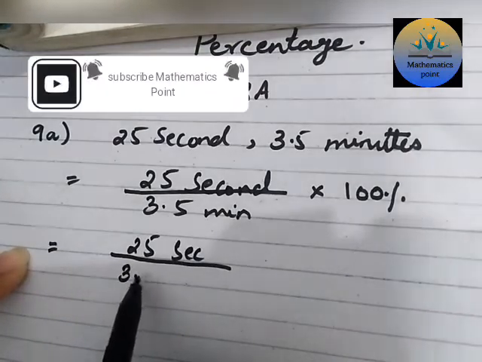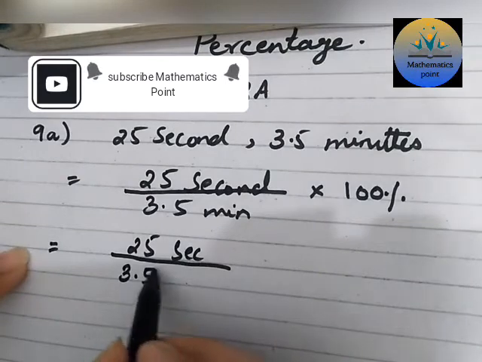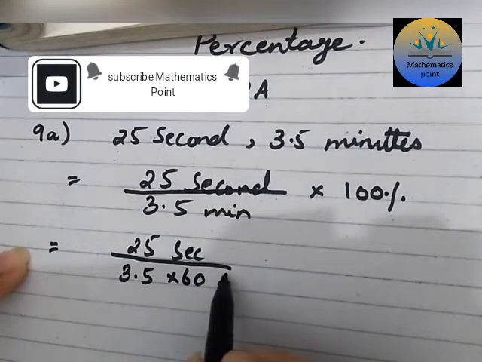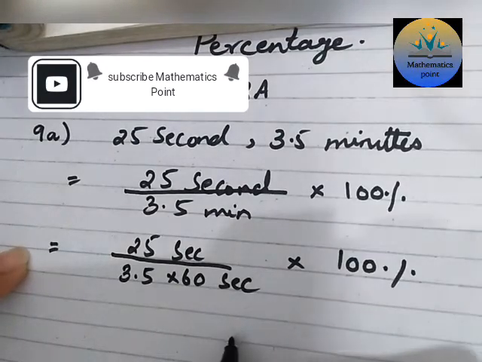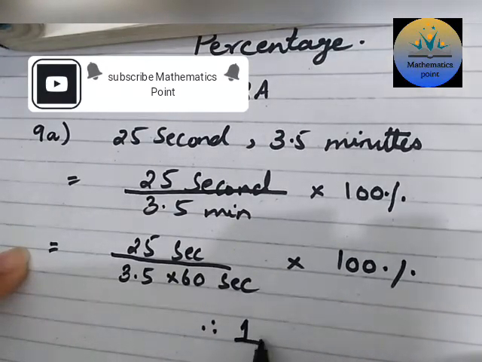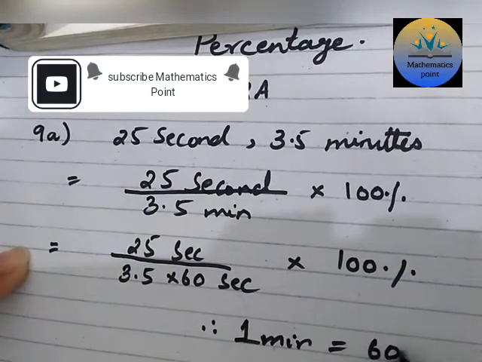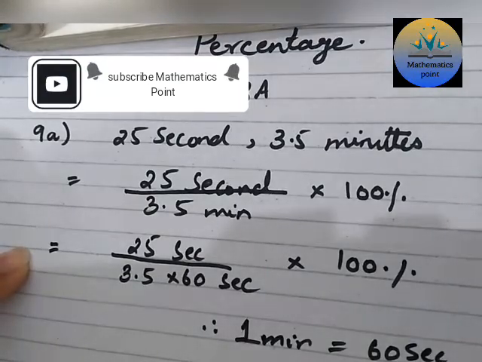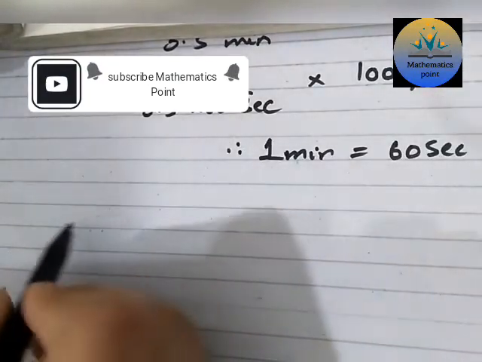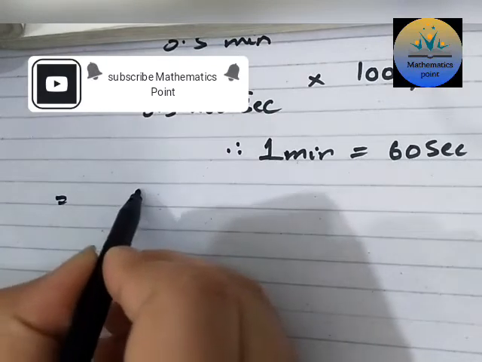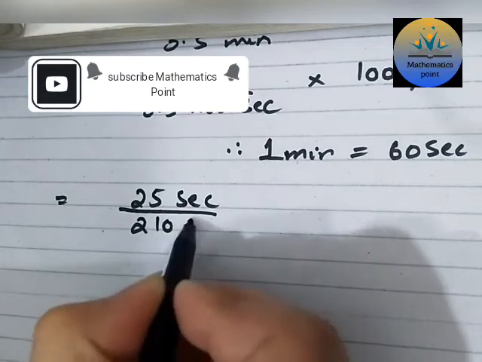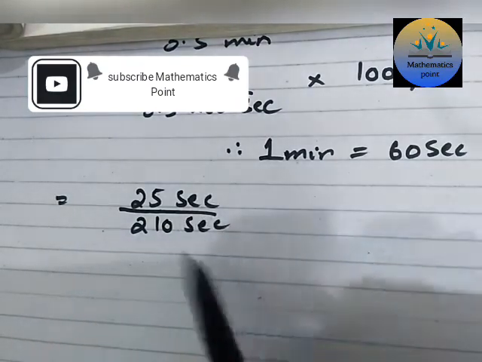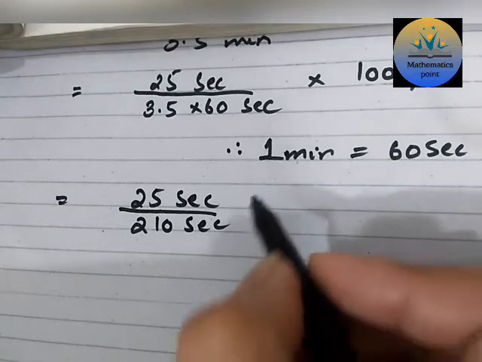In every minute there are 60 seconds, so 1 minute is equal to 60 seconds. Now we multiply 3.5 by 60, and it becomes 210 seconds. Now the units of the numerator and denominator are equal.